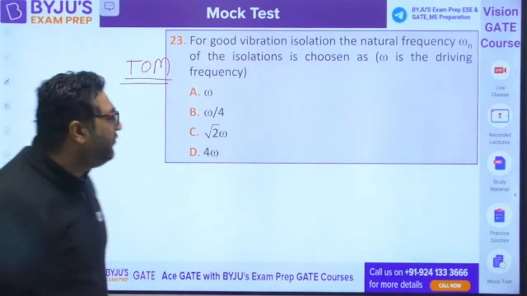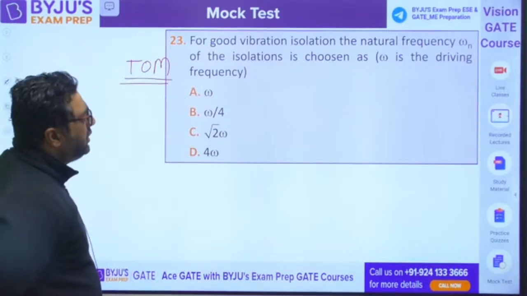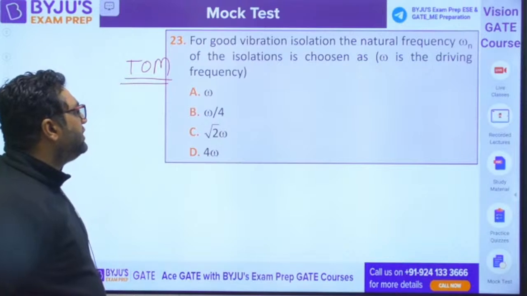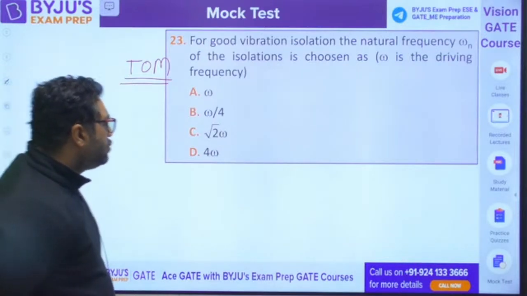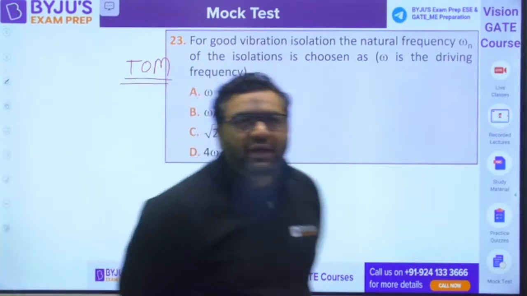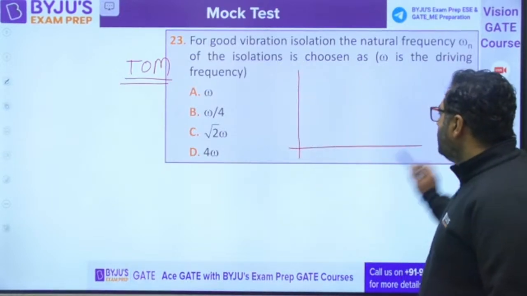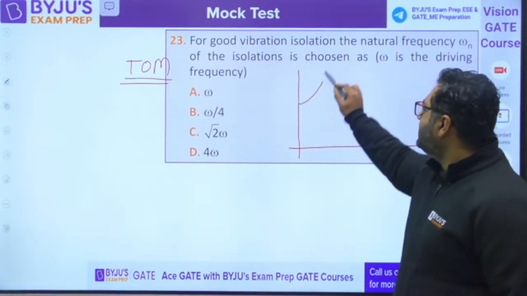For good vibration isolation, the natural frequency omega n of the isolation is chosen as. So I feel everybody knows, whenever we are talking about vibration isolation curves, they are coming like this.